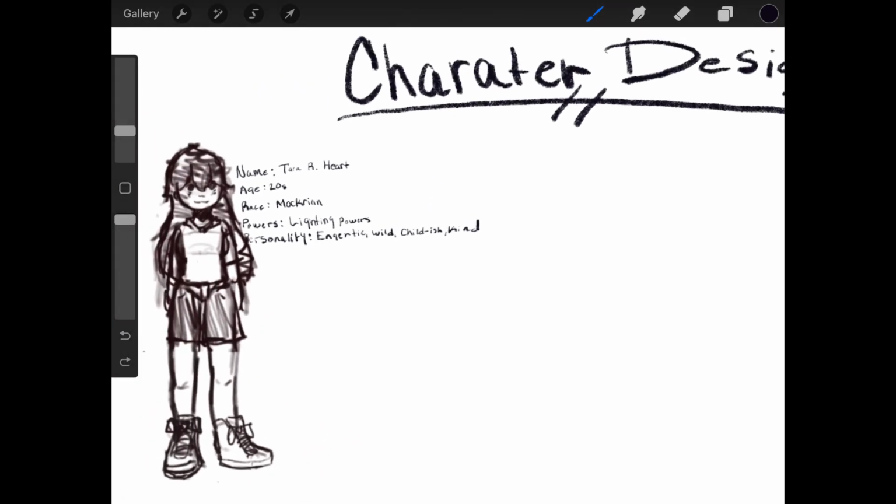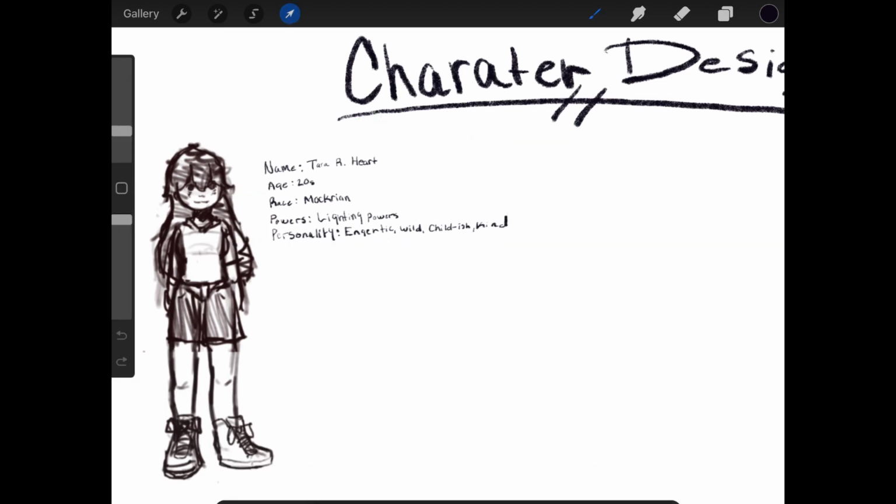So this is gonna be her personality. Ooh, that's a big brush.